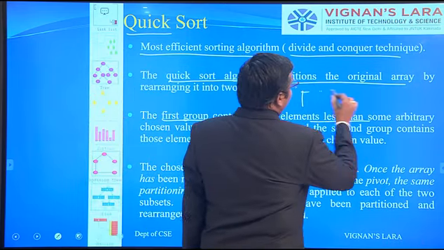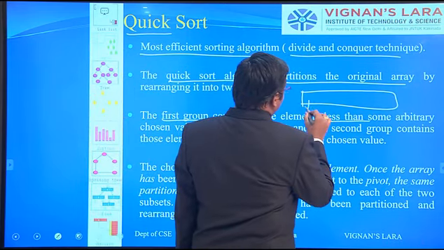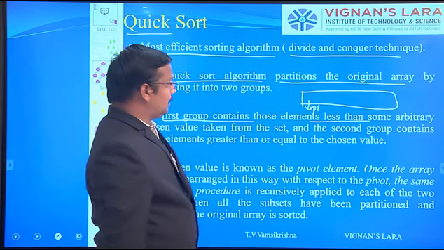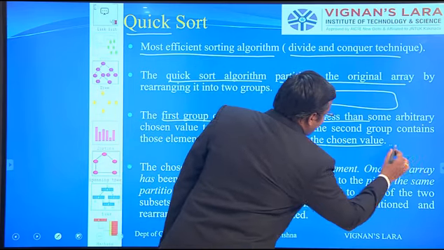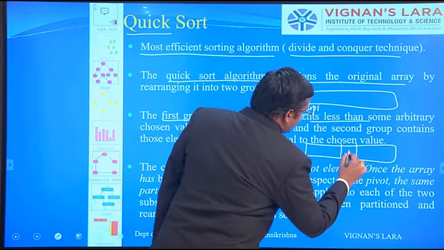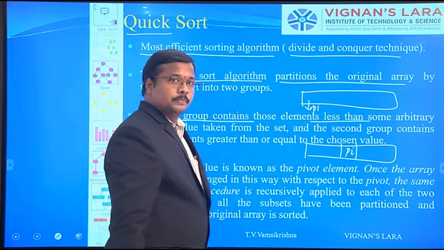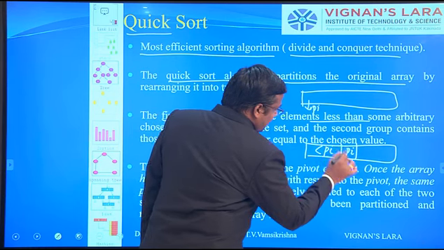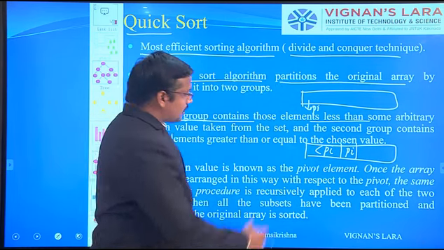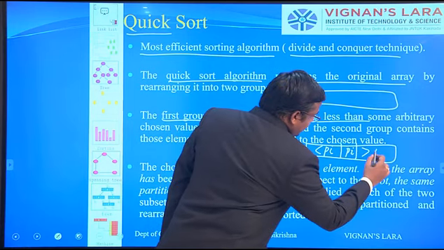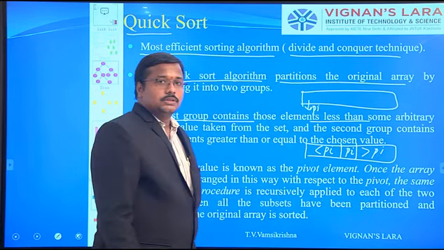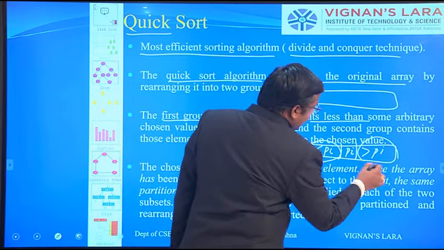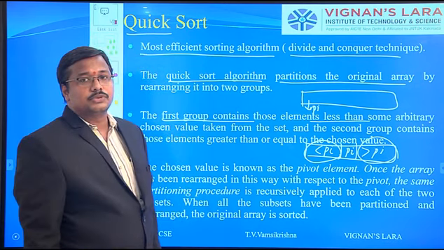Pictorially we can show it. Initially we take some pivot element. The partition function divides this array so that the pivot comes to a certain position, with lesser elements than the pivot coming to one side and greater elements coming to the other side. These are arbitrary groups on each side.